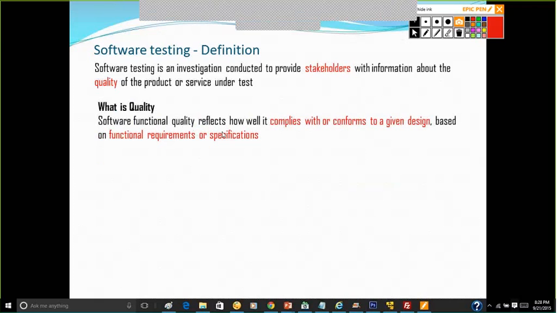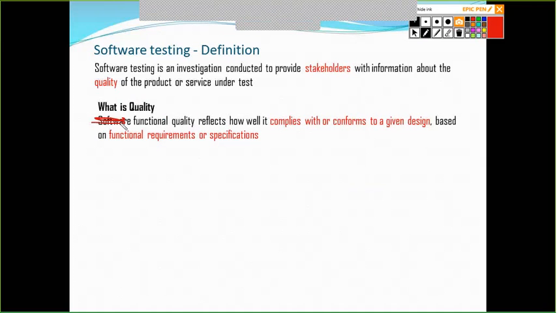Software functional quality reflects how well it complies with the design. Let me take out the software portion and just talk about quality.